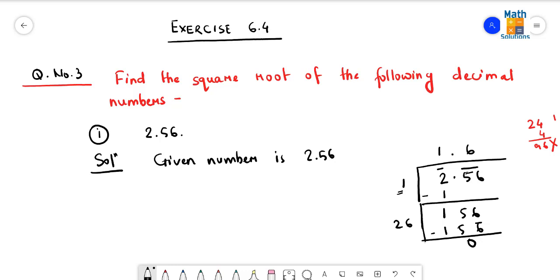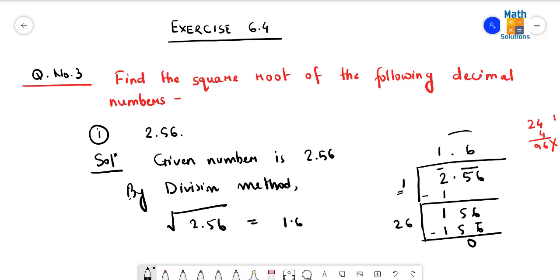So by the division method, the square root of 2.56 comes to be 1.6. So this will be the answer. And remember one thing, this is not rough work, this part is a part of the solution, you must write it.